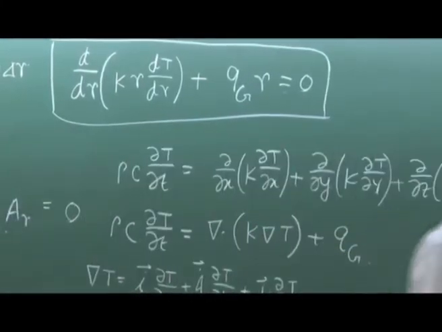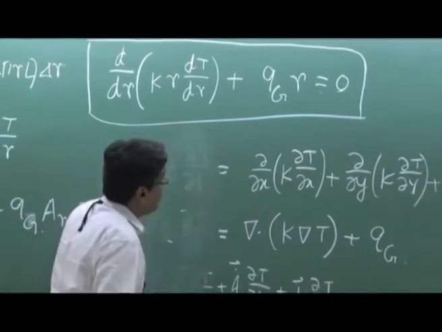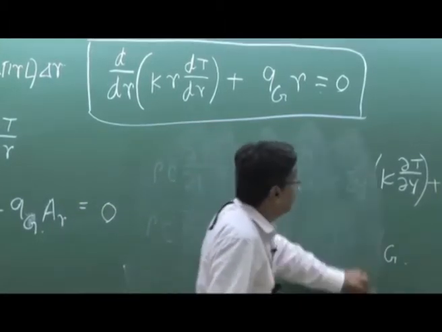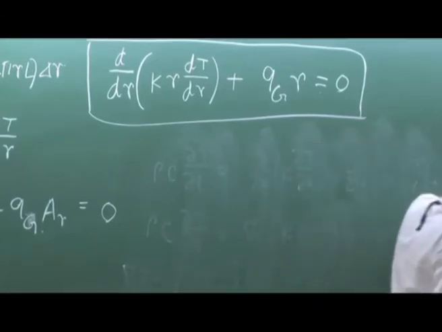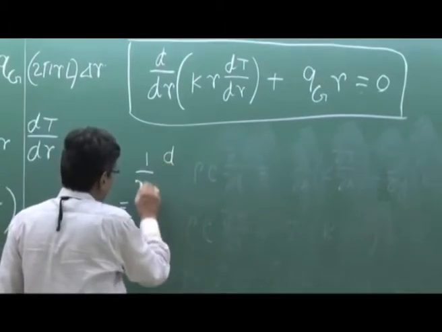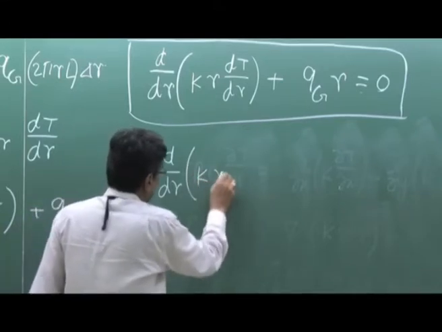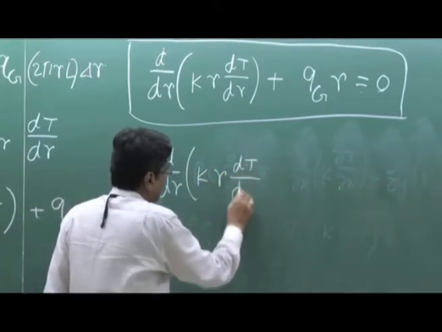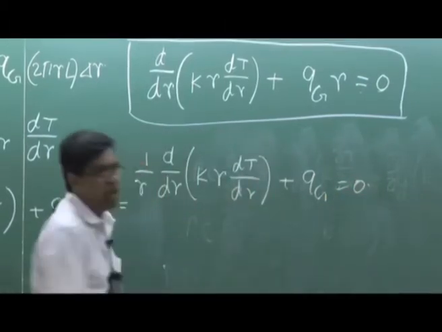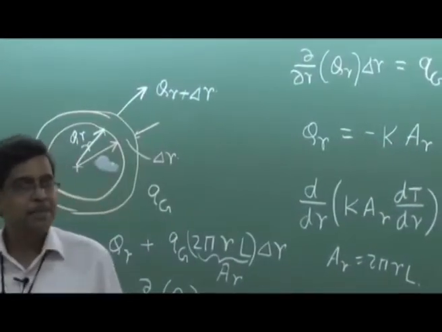That means this equation becomes 1 by r, and del r you write d dr. That means from the general heat conduction equation we can also get the same expression, that is 1 by r d dr of k r dT dr plus qg is 0. So this is my one-dimensional steady heat conduction through a cylindrical wall. It is as simple as that.